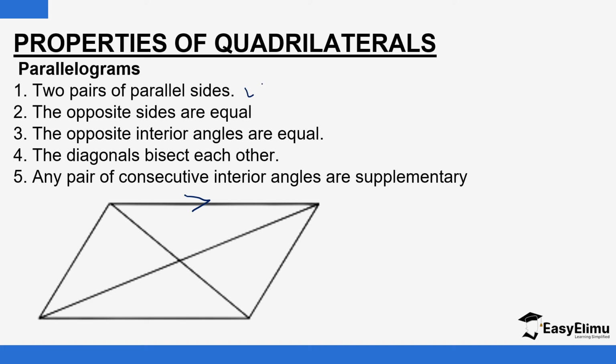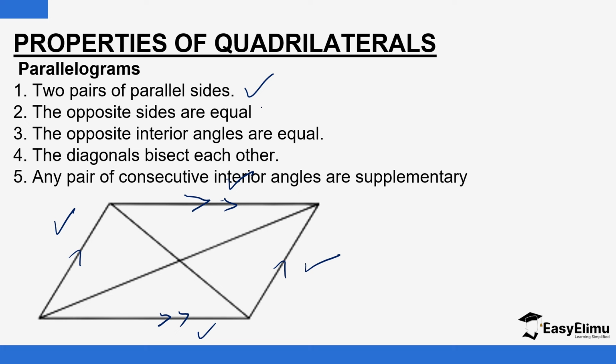For example, one of the main characteristics of a parallelogram is that it has two pairs of parallel sides. You can see this side is parallel to this side, so that is one pair. And then the other pair is this side parallel to that. So two pairs of parallel sides. It's a four-sided figure, and then we have two pairs of parallel sides.